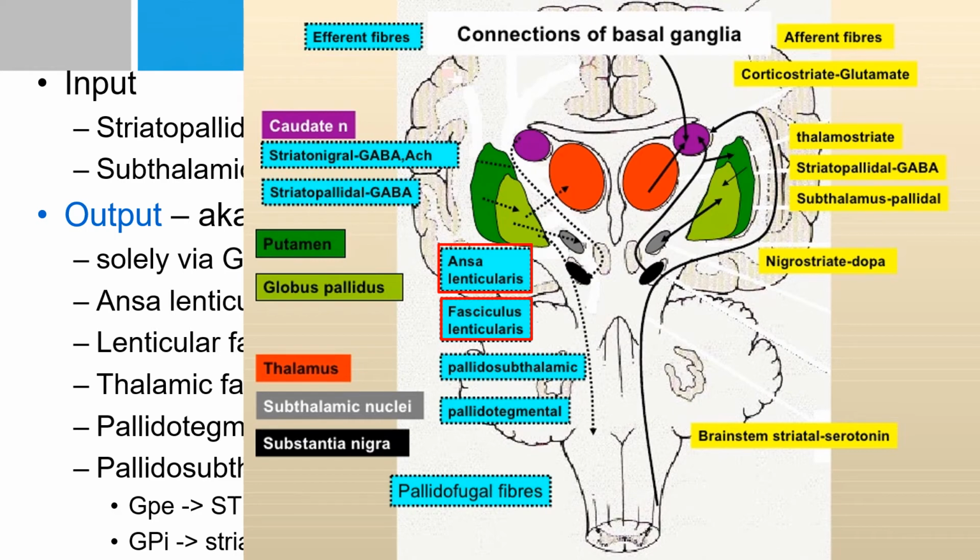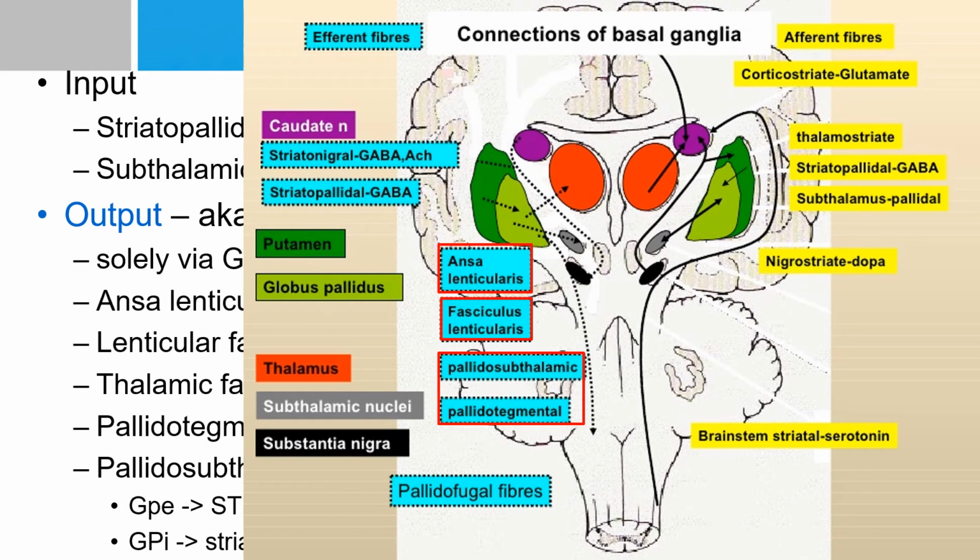There are 2 other fibers that also convey output from the globus pallidus, namely the pallidotegmental and the pallidosubthalamic. The pallidotegmental fibers carry information from the globus pallidus internus via the Forel's field fibers, and terminate in the pedunculopontine nucleus in the inferior tegmentum of the midbrain.